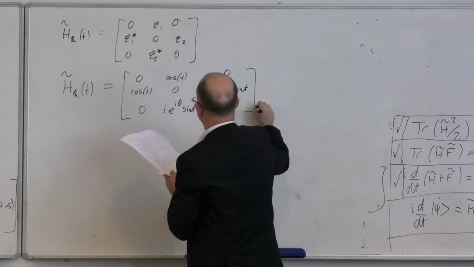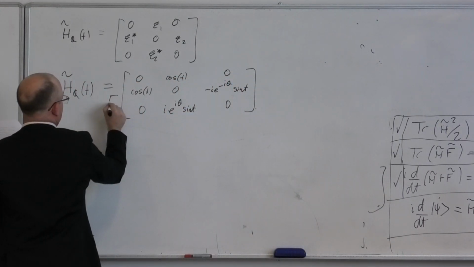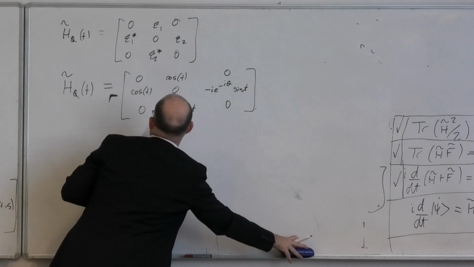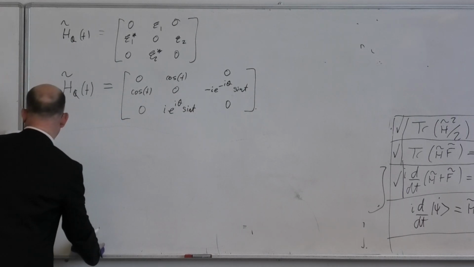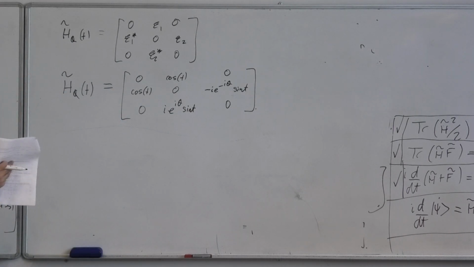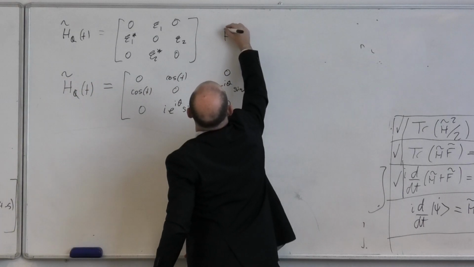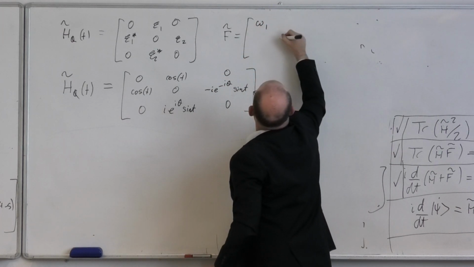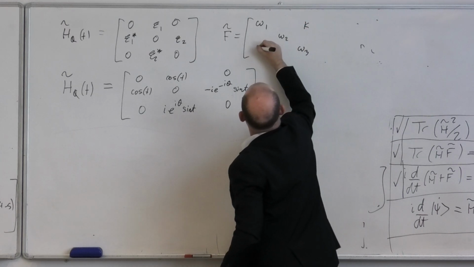If we go through this same game, there will be a numerical factor here, but we don't really care about that because we can just absorb it into the time. I'll just write up what the F is for you. 3, kappa star.